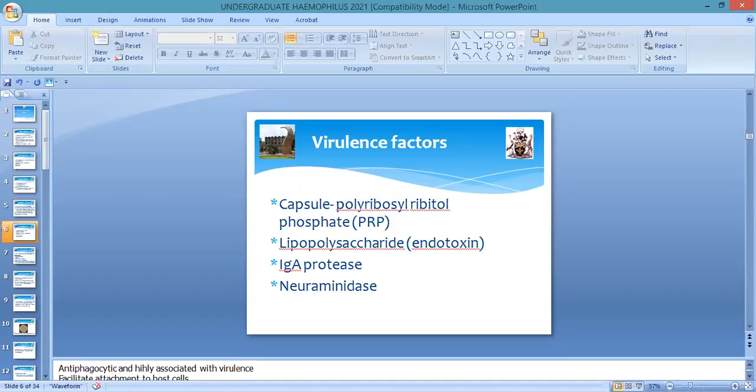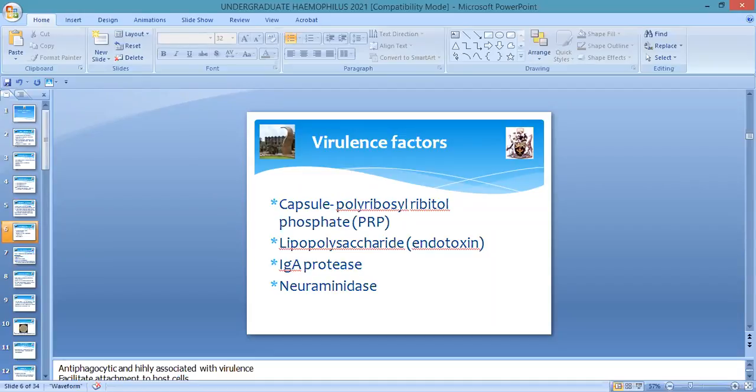Apart from that, it also has the lipopolysaccharide, which is endotoxic, so it produces some endotoxic activities. And we have some factors that are very key in facilitating attachment to the host, because remember that attachment has to create that relationship between the pathogen and the host for it to be able to cause the infection.